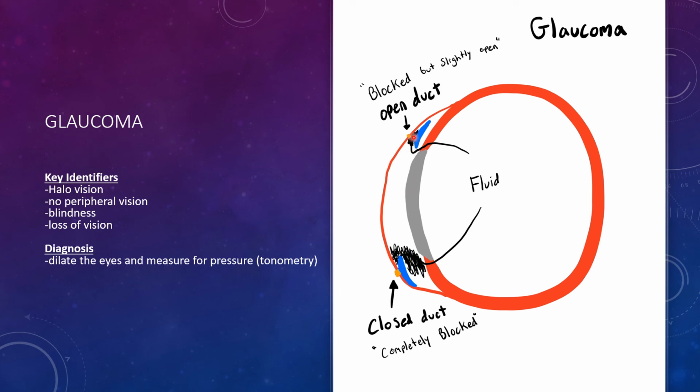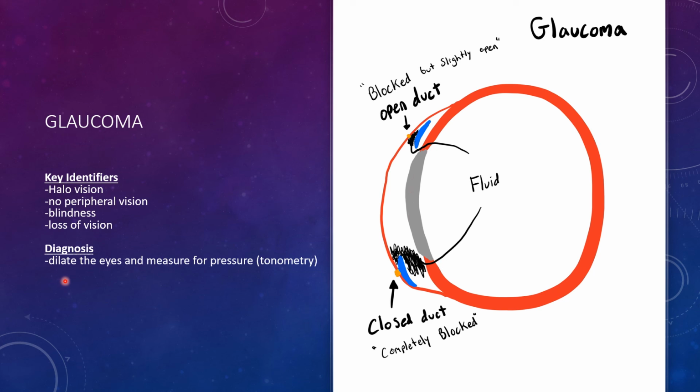So the fluid will build up right behind the outside of the eye, but in front of the color of the eye here. But this is blocked but slightly open, so it builds up here. We also have a closed duct, which is completely blocked, so it'll overflow completely, which is pretty severe and can cause rapid blindness in an individual due to eye pressures.